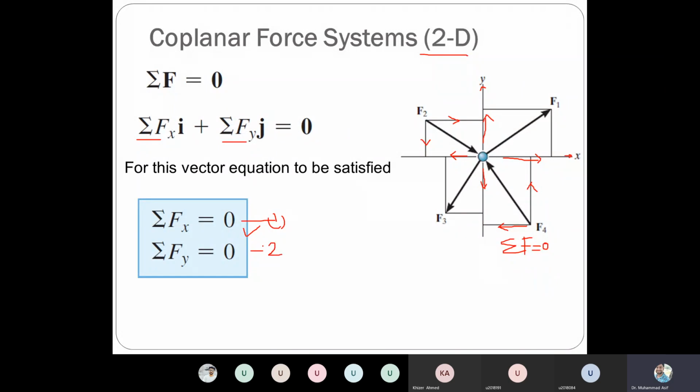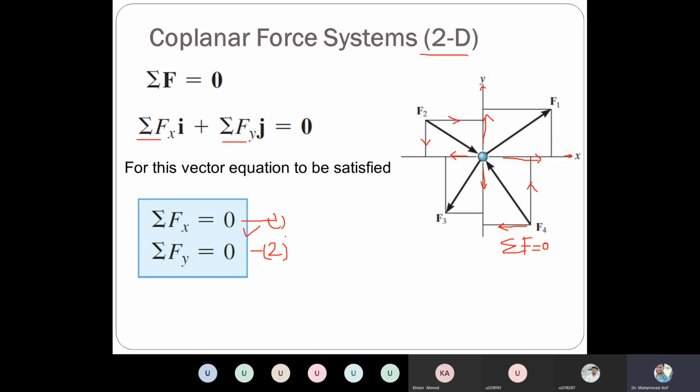So if we have two equations, then how many maximum unknowns can we figure out? If we have two equations, how many unknown forces can we figure out in two dimensions? Two, sir. Two forces. That depends upon the number of equations available.